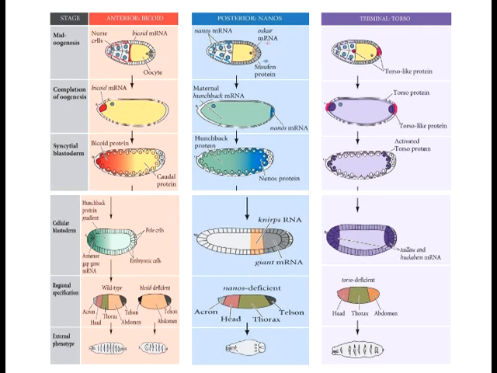But as bicoid and nanos start being translated, bicoid inhibits caudal, and nanos inhibits hunchback. So it starts restricting hunchback to the more anterior end, and it restricts caudal. Remember, I used the words rostral and caudal. If you think caudal and posterior, it restricts caudal to the more posterior end. Let me see if I can show a picture here.